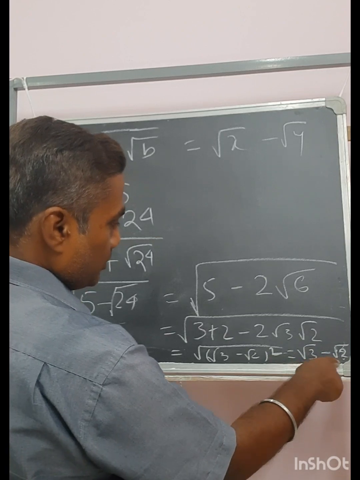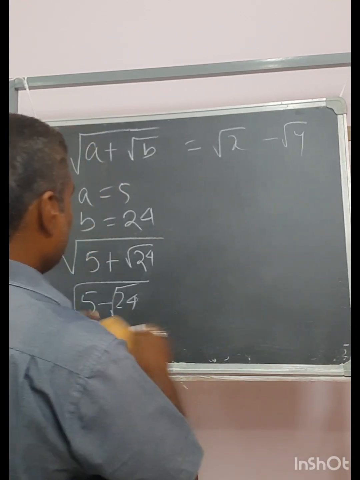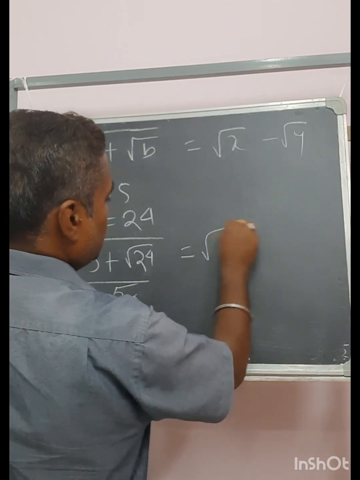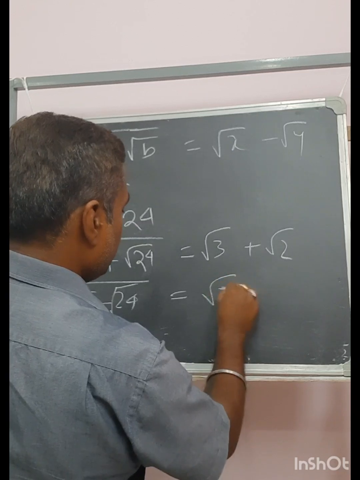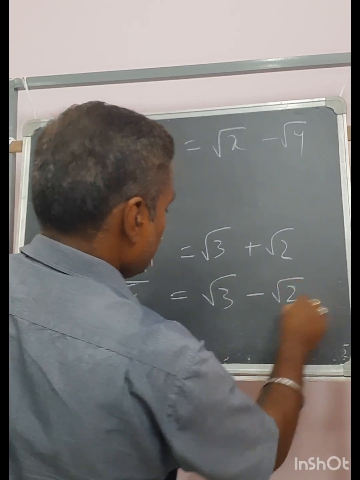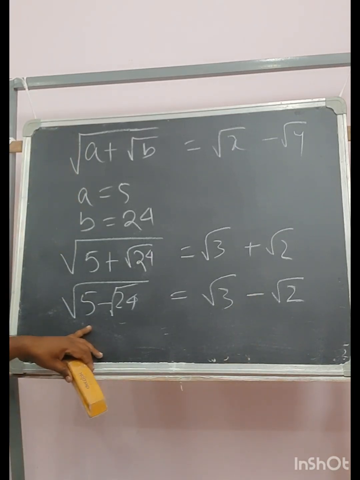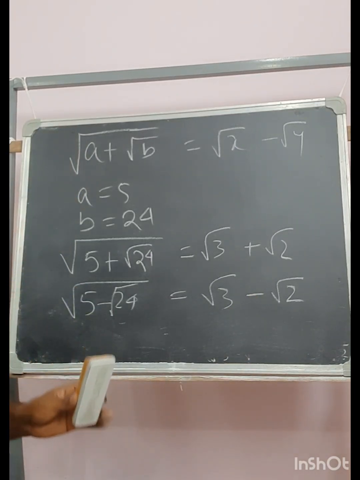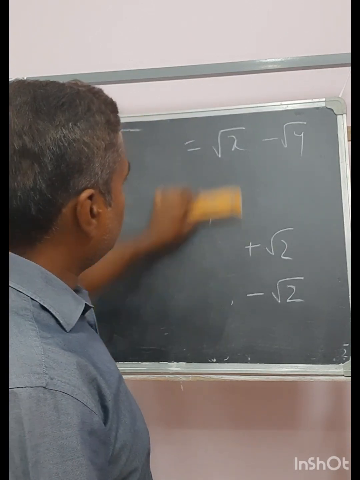So this will give you root 3 minus root 2. So you can understand, if 5 plus 2 root 6 can be represented with root 3 plus root 2, this also can be represented in the same terms, but with a negative sign in between. Okay, this is proved. So I think you understood the rules.